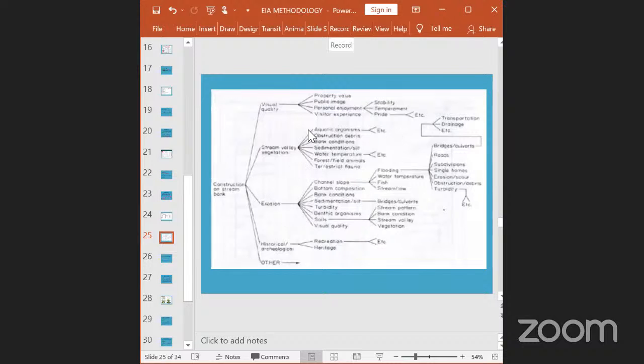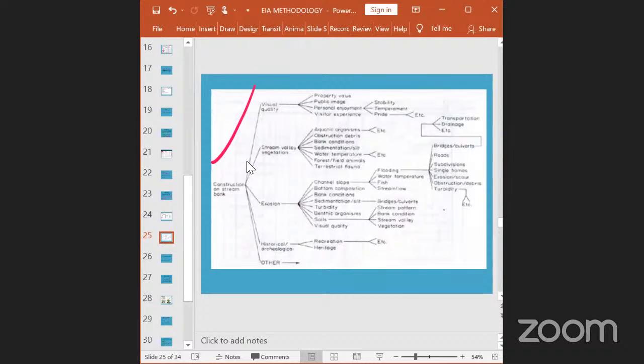So these tables, flow charts and impact trees are used for analysis of the interrelationship between causes and effects, and enable the analysis of indirect and cumulative impact as shown in this figure, right?